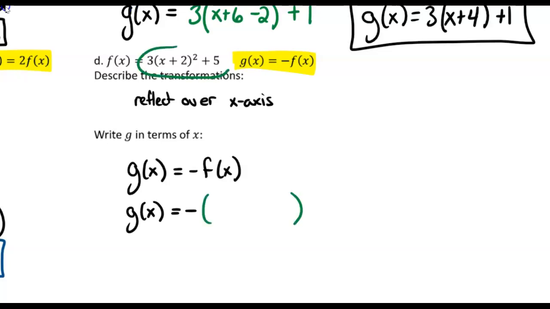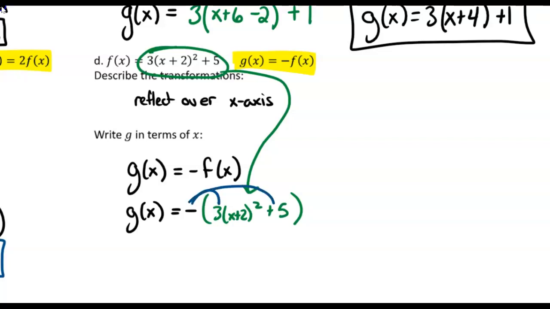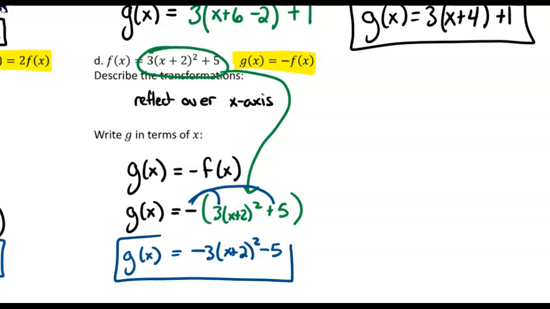You're going to take this was f of x and you're going to plug it in right there. 3 times x plus 2 squared plus 5. Now you can distribute that negative to the 3 and to the plus 5. You can't distribute it into any parentheses, okay? No distributing into parentheses that are squared. Those parentheses that are squared are kind of like locked up. You cannot distribute into a parentheses squared.